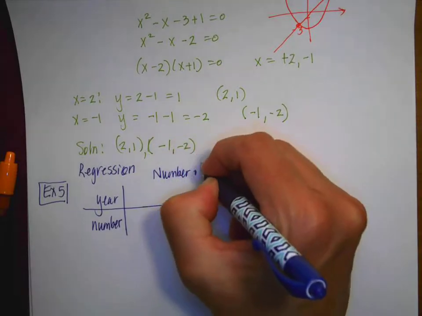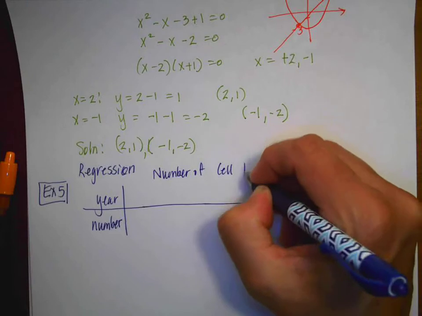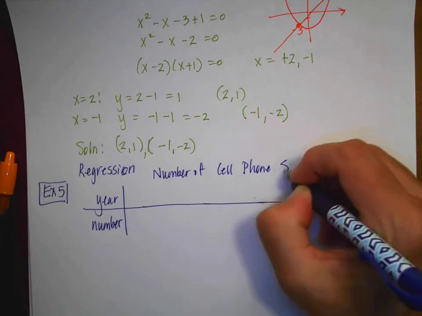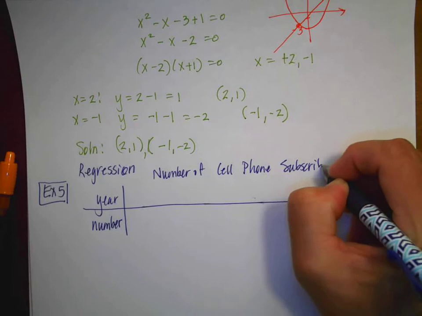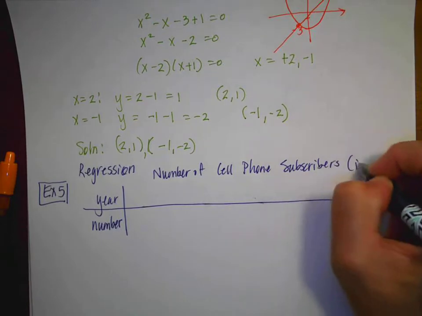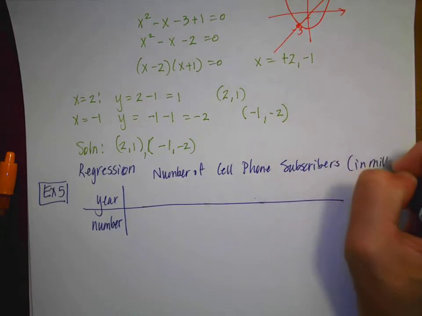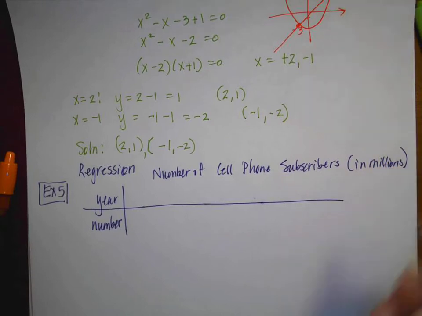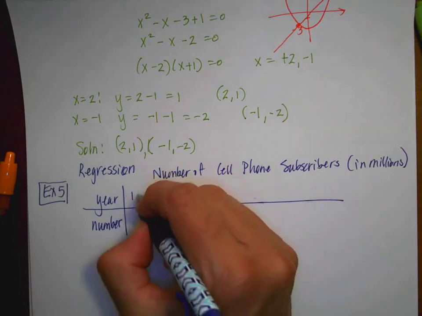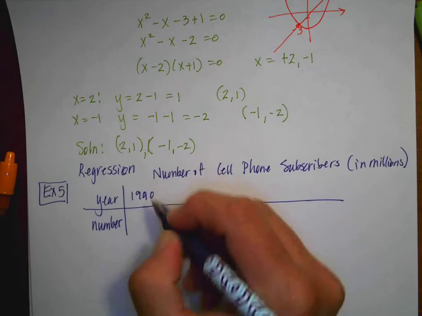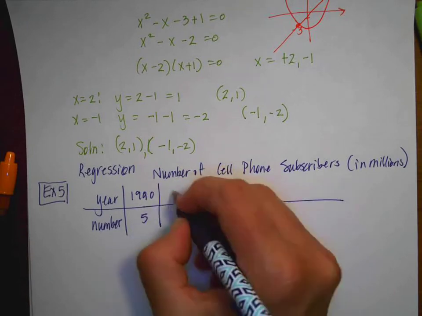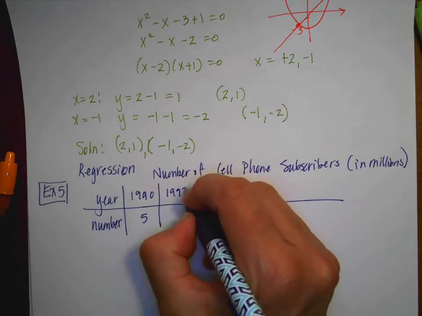Our data represents the number of cell phone subscribers, in millions, for selected years. Our data is really old because our book is really old.